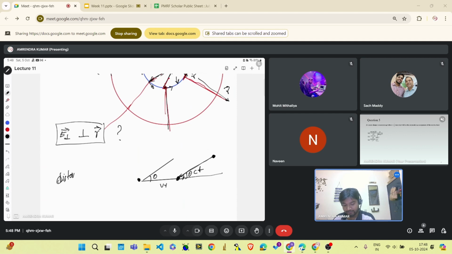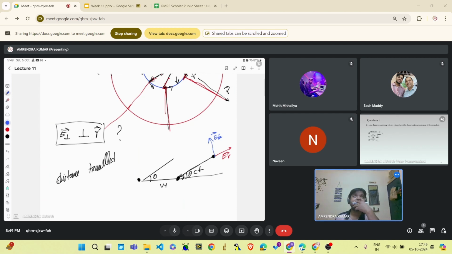is the radial component E_r, and this is the tangential component E perpendicular. Now what had happened here?